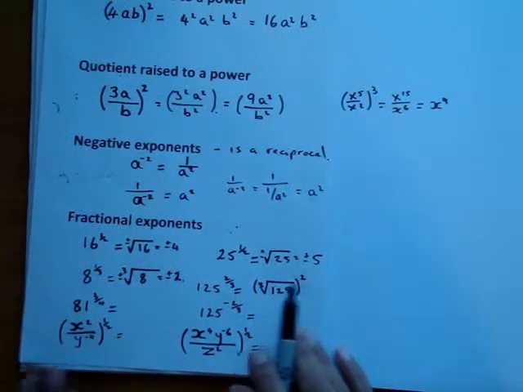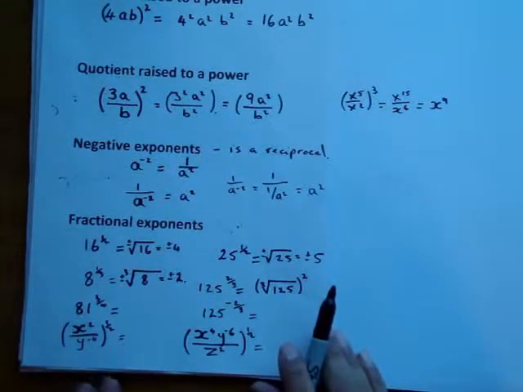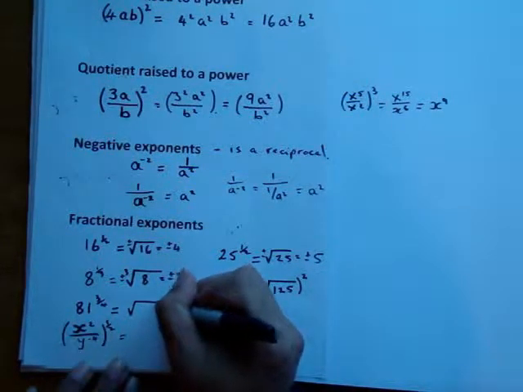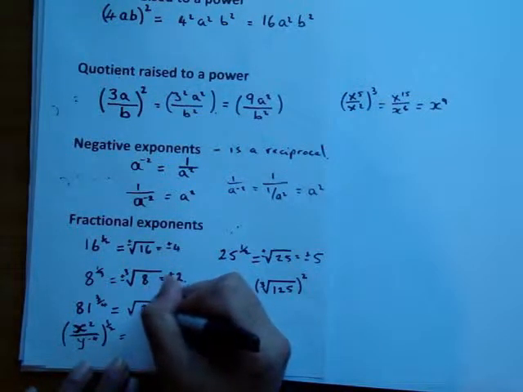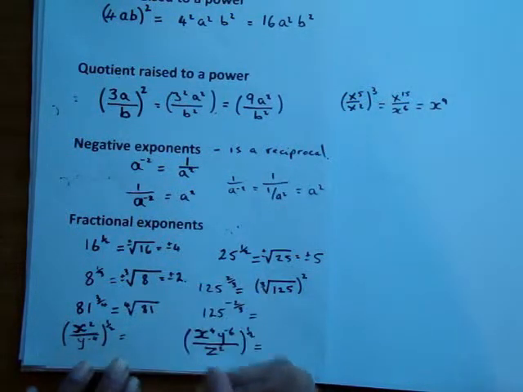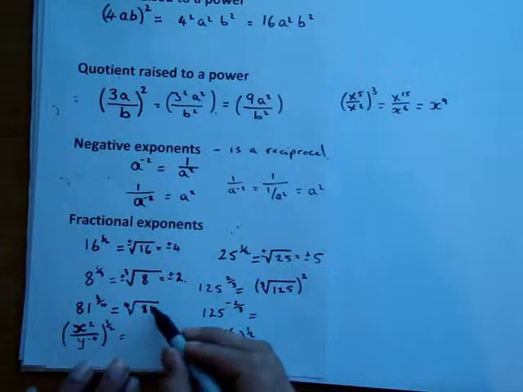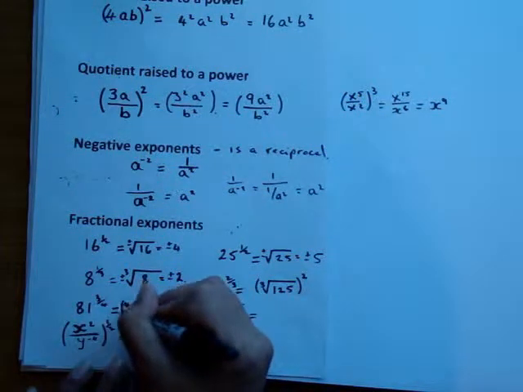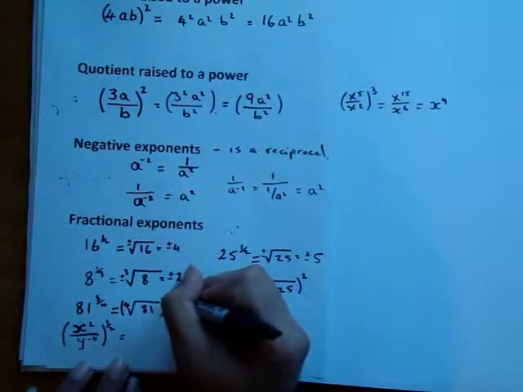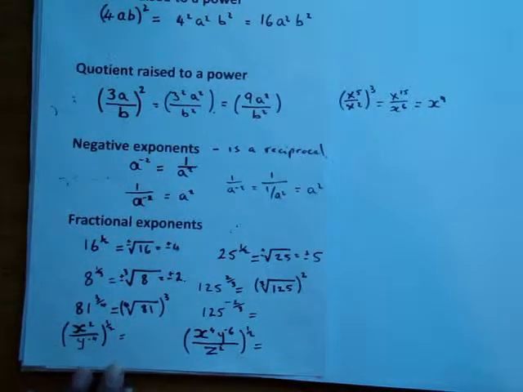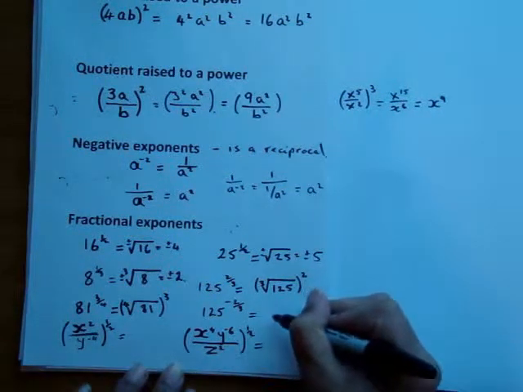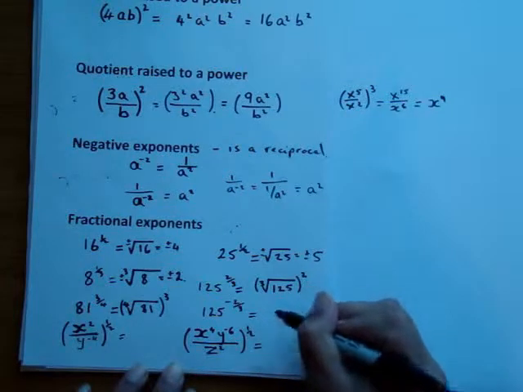81 to the fractional power 3/4. Again, we draw our root symbol. The 81 goes under there. The 4 goes outside, so that's the 4th root of 81, brackets, and then the 3 goes there. 125 to the minus 2/3.